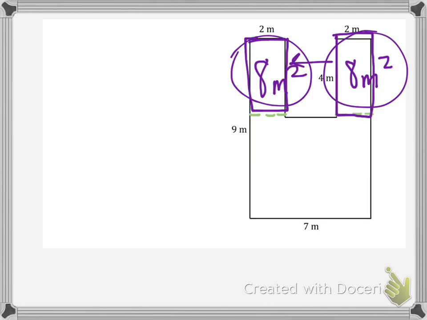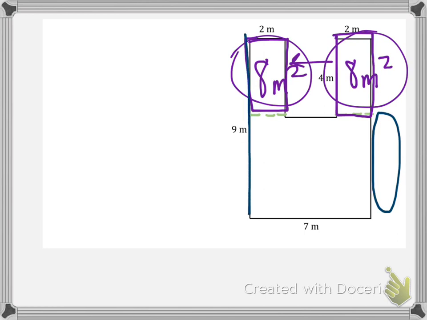So I've got to use my skills that we learned in the first problem, where I look at the space that I want. I want to know how far it is from there to there. So I look across, and when I look across, I see 9 meters.